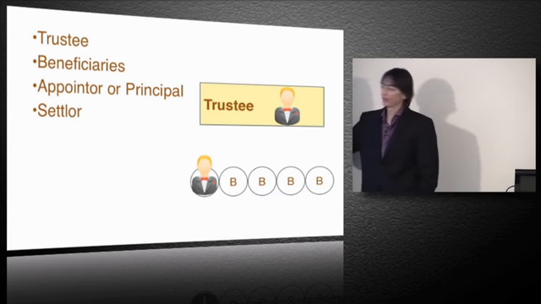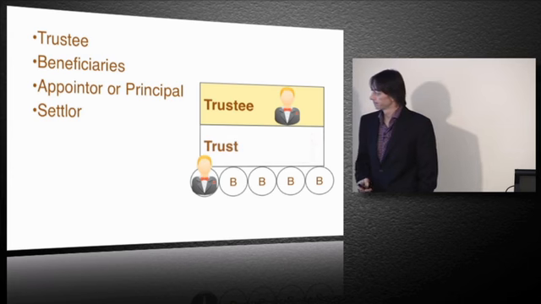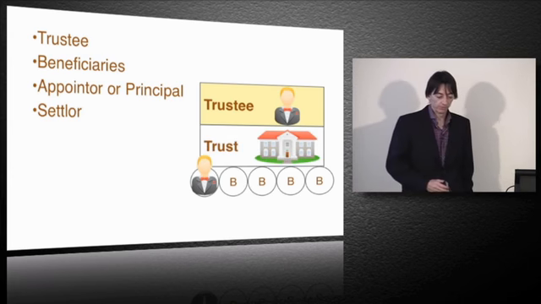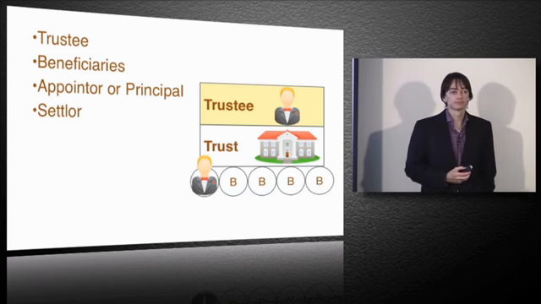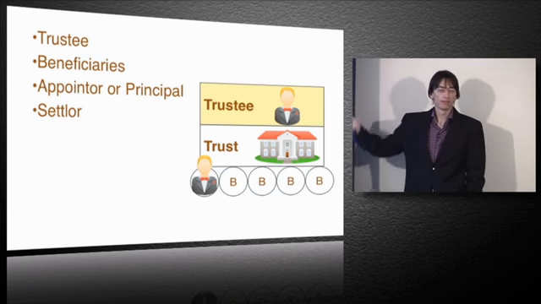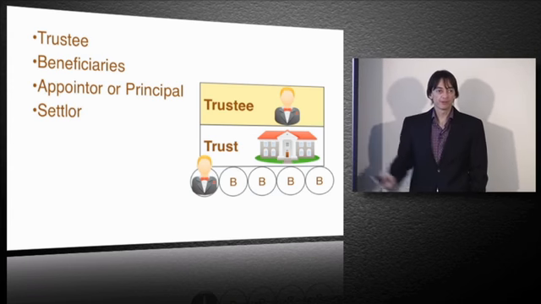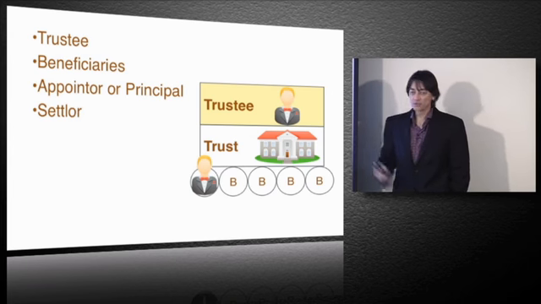The trustee is the one who decides what happens to the money or the assets. And the beneficiaries are the ones who are entitled to it. Now you can be both, yeah? You certainly want to be a beneficiary of your trust, of course, right? The beneficiary is entitled to anything.